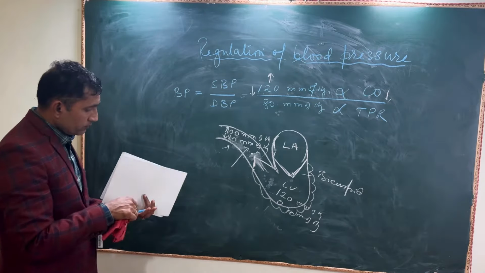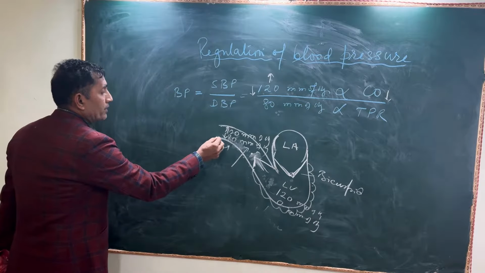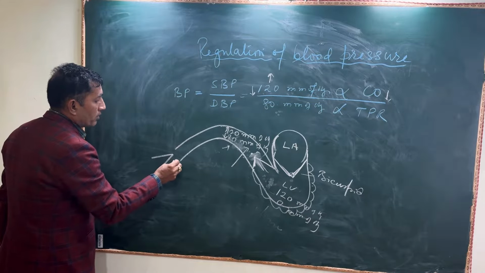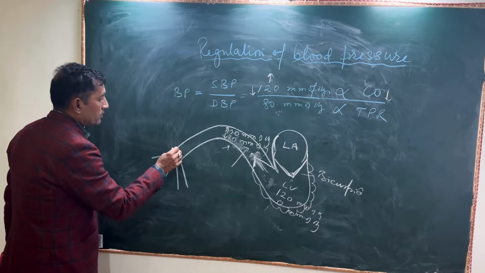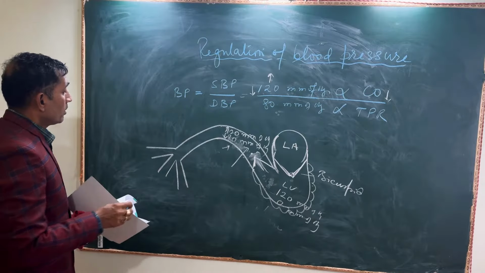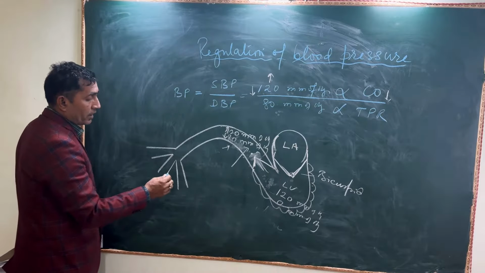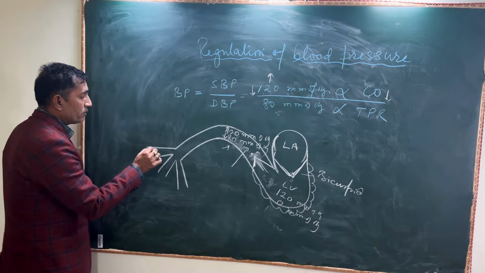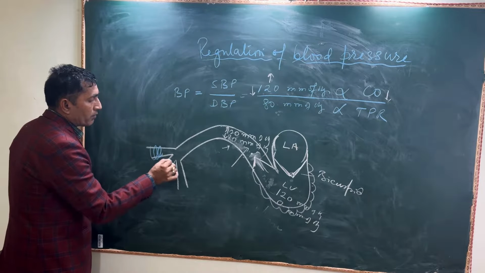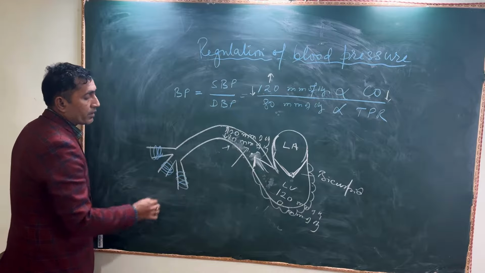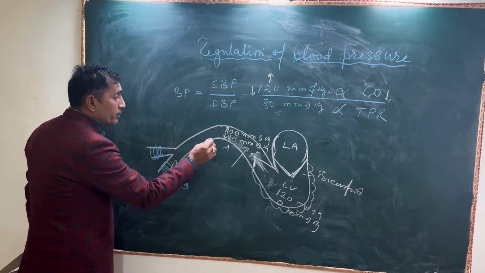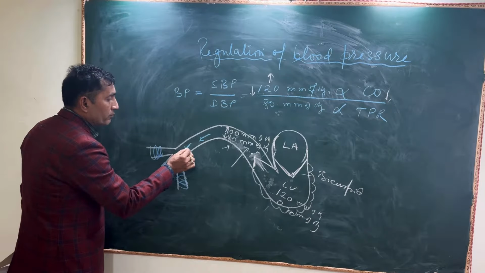Say this blood is distributed to the other arterioles, and we have muscles present in the arteries.